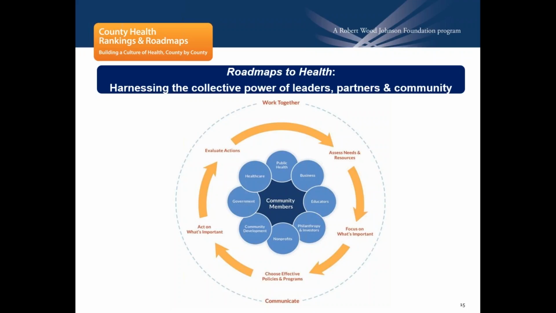And then the Assess Needs and Resources guide can show you how to find other information to get a fuller picture of health in your community so that you can begin to figure out where you should prioritize your efforts. And again, I think using the data in the rankings to narrow down where you might really want to do some more digging for additional information.